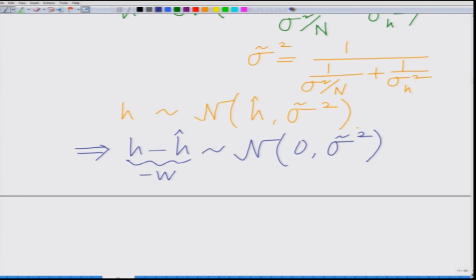So h is distributed as a Gaussian with mean h hat and variance sigma tilde square. From h, we are substituting the mean, so naturally the mean becomes 0. From a Gaussian, if you subtract the mean, it still remains a Gaussian, but a 0 mean Gaussian with the same variance.